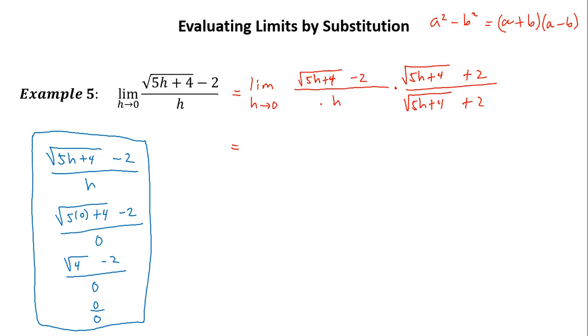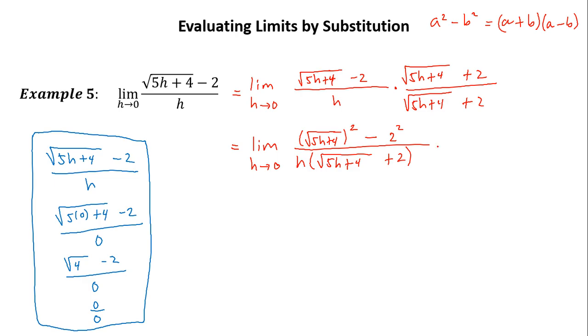So applying the difference of squares, we have the square of the square root of 5h plus 4 minus the square of 2. In the denominator we have h times the square root of 5h plus 4 plus 2.